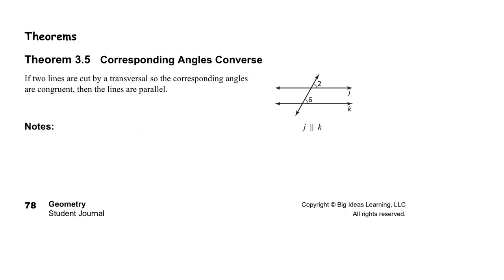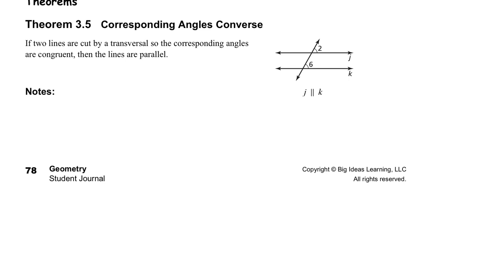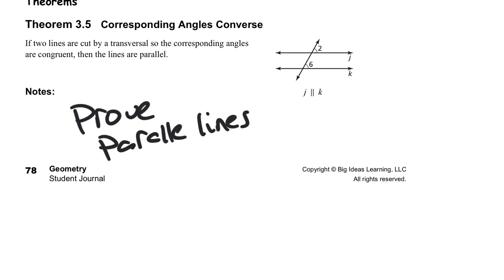So let's look at theorem 3.5. It says corresponding angles converse is where if two lines are cut by a transversal, so the corresponding angles are congruent, then the lines are parallel. So we get to prove parallel lines using our converse.